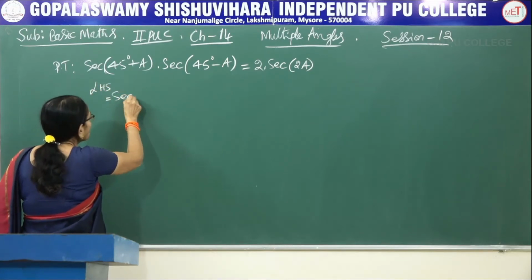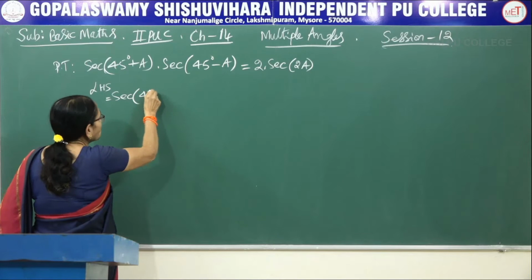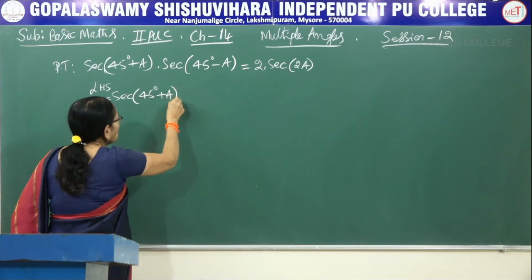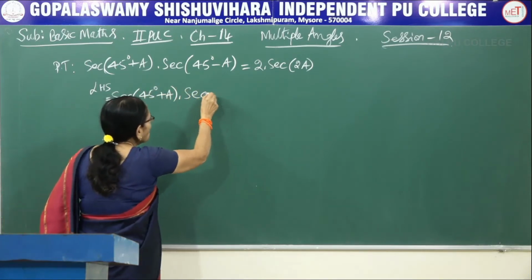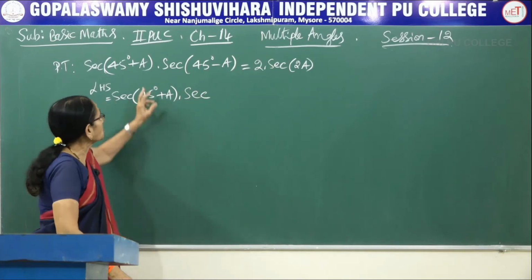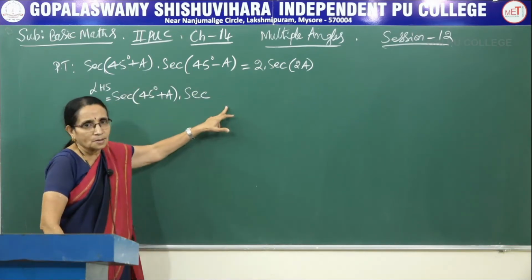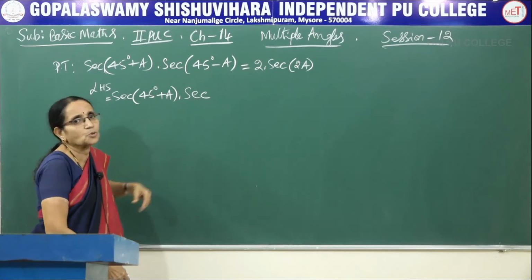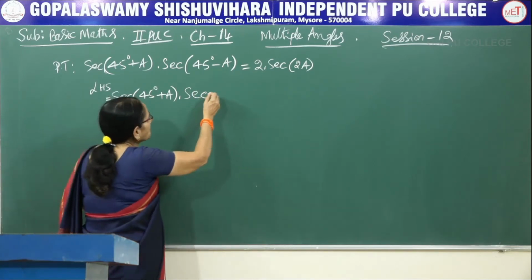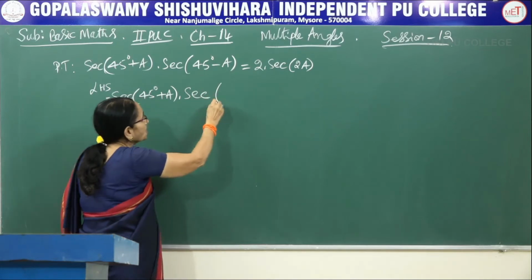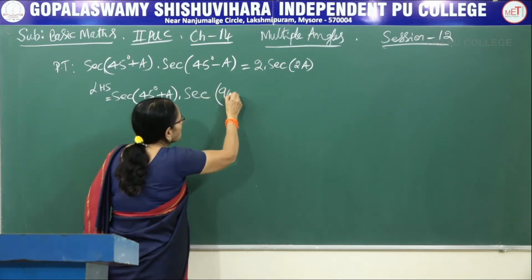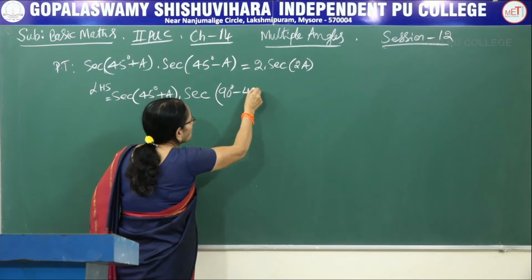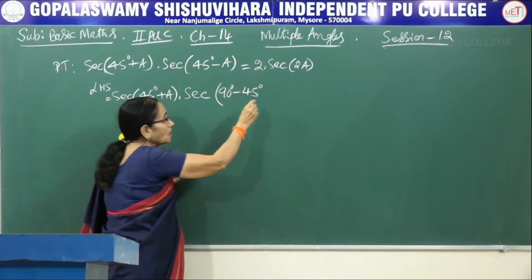Now write the first one as it is, that is 45 plus a. Now we have a choice here. Either you can keep the first one and change the second one, or you can keep the second one and change the first one. Both ways we will be getting the same thing. So write it here, this 45 degrees, let me write it as 90 minus 45. This minus I am writing as it is.